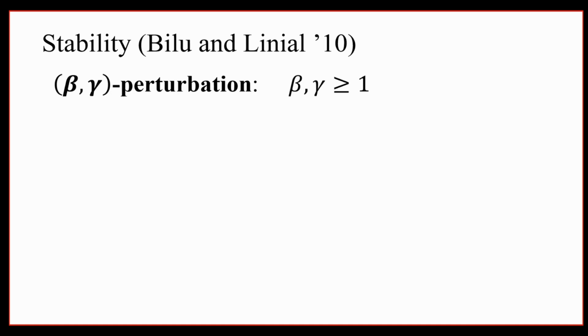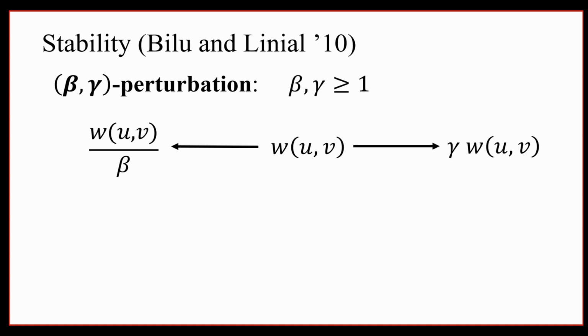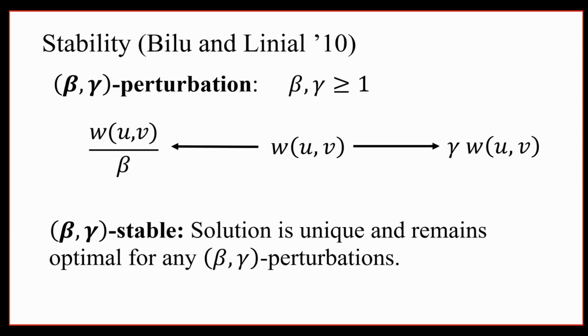This notion of stability was introduced by Bilu and Linial in ITCS 2010. For any optimization problem, we define a beta-gamma perturbation of the problem, where beta and gamma are two parameters which are greater than or equal to 1. For every parameter in that optimization problem, you're allowed to either decrease it by a factor of at most 1 over beta, or increase it up to gamma times W_UV.